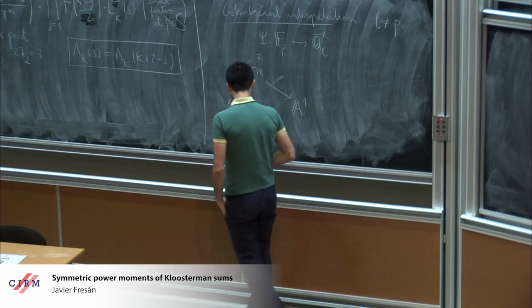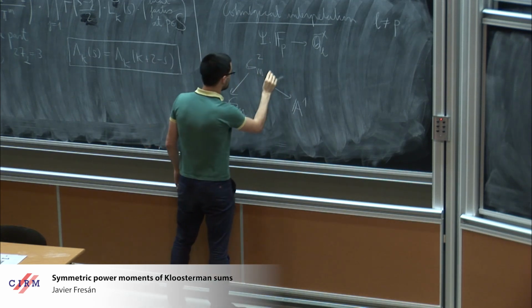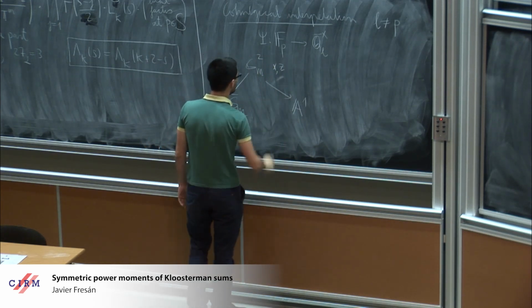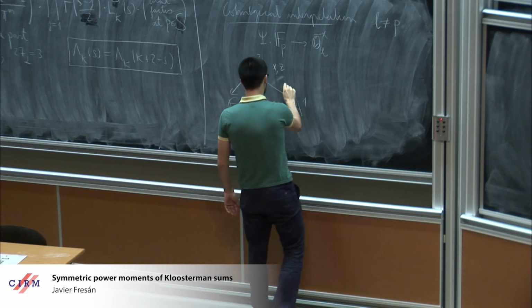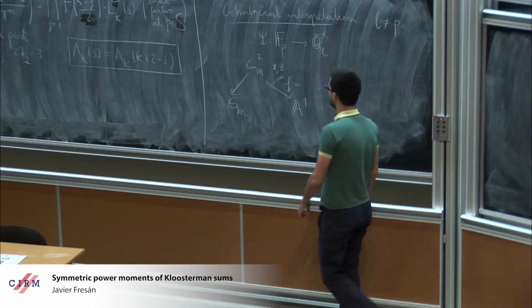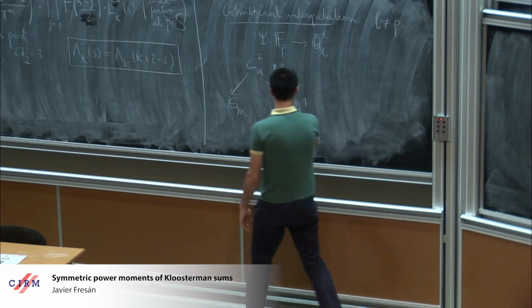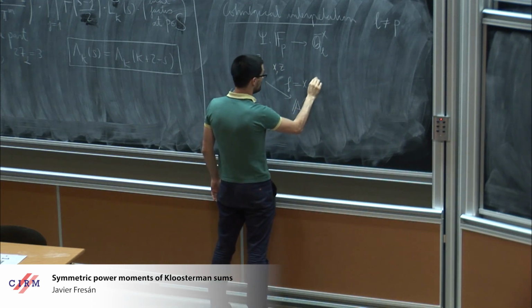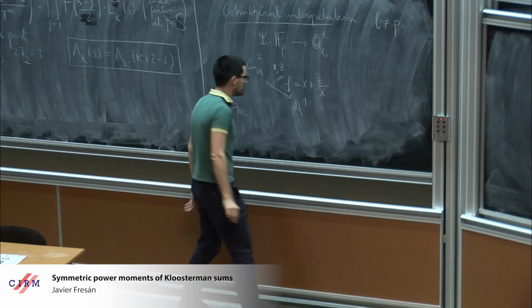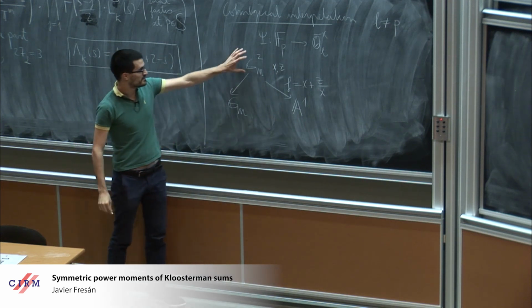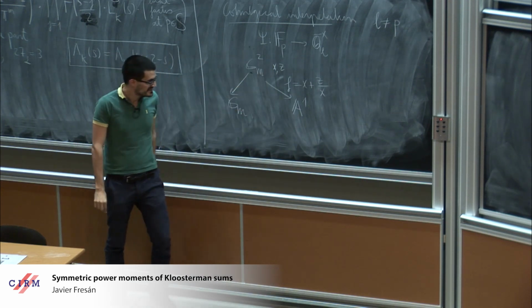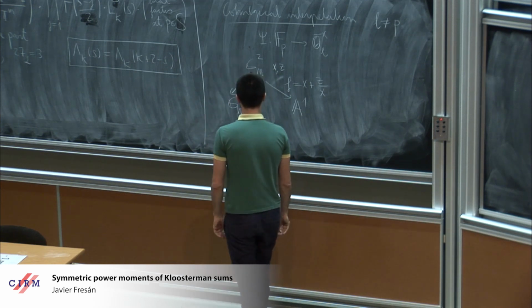So here I have the two-dimensional torus with coordinates x and z. And I consider the function to P1 to A1 given by x plus z over x. Okay, so in such a way this becomes a variety with potential in the terminology of the previous talk.